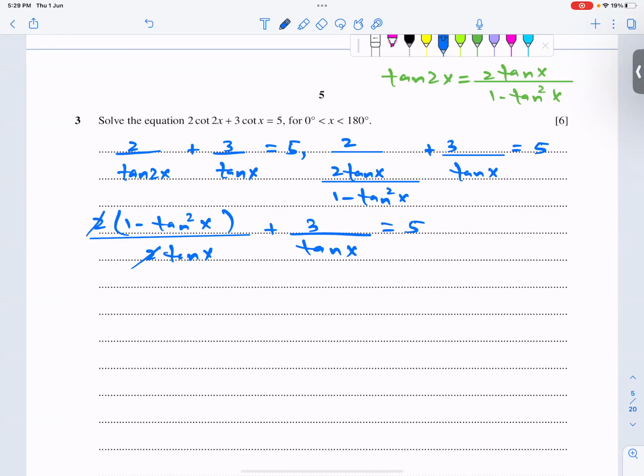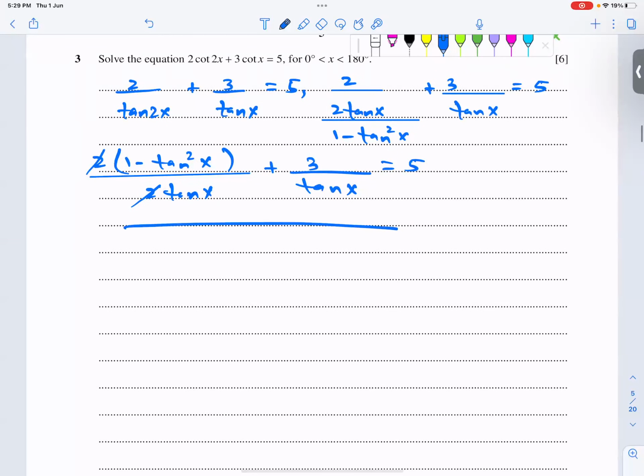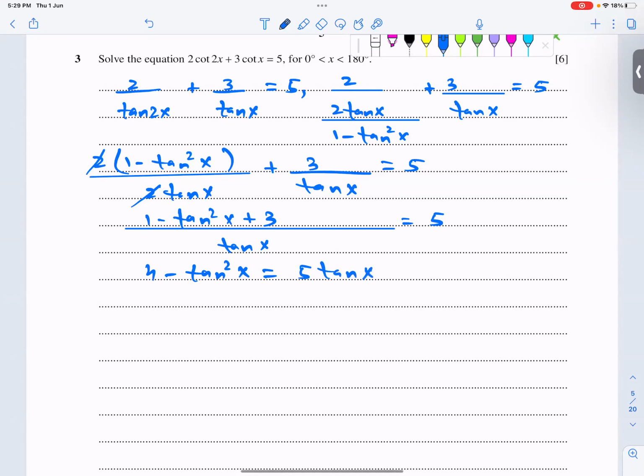I can cancel this 2 with this. So if you take the LCM, this will become 1 minus tan square x plus 3 is equal to 5 tan x. So the numerator will become 4 minus tan square x is equal to 5 tan x.